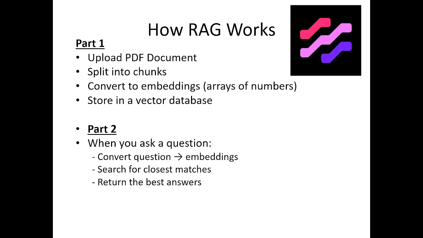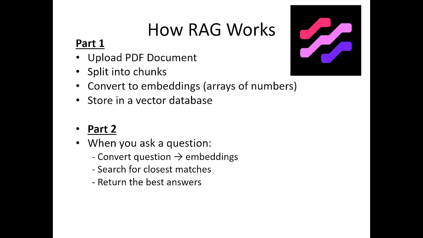Part 1, you upload the document, and big documents you split into chunks or blocks, and you convert each block into an array of numbers which the computer can understand. And finally these embeddings are stored in a vector database which is designed to handle and quickly search through this kind of data.